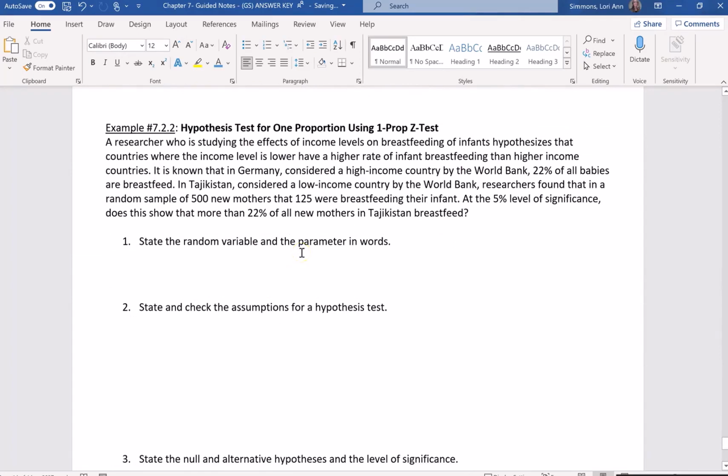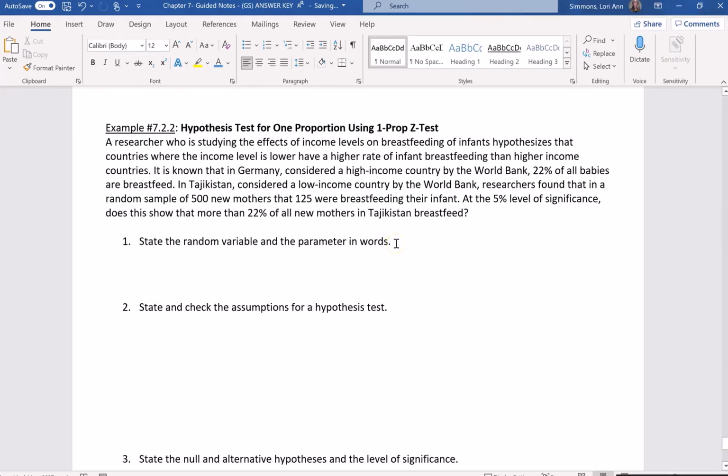A researcher who is studying the effects of income levels on breastfeeding of infants hypothesized that countries where income level is lower have a higher rate of infant breastfeeding than higher income countries. It is known that in Germany, considered a high income country by the World Bank, 22% of all babies are breastfed.